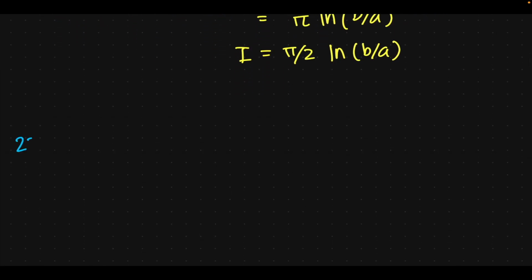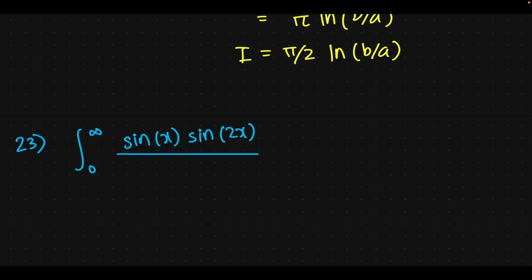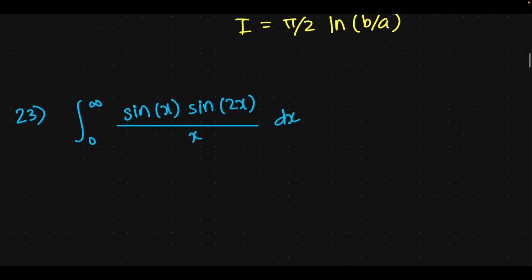Question 23. So, integral 0 to infinity sine of x sine 2x divided by x dx. First of all, I see a product of sines or cosines.